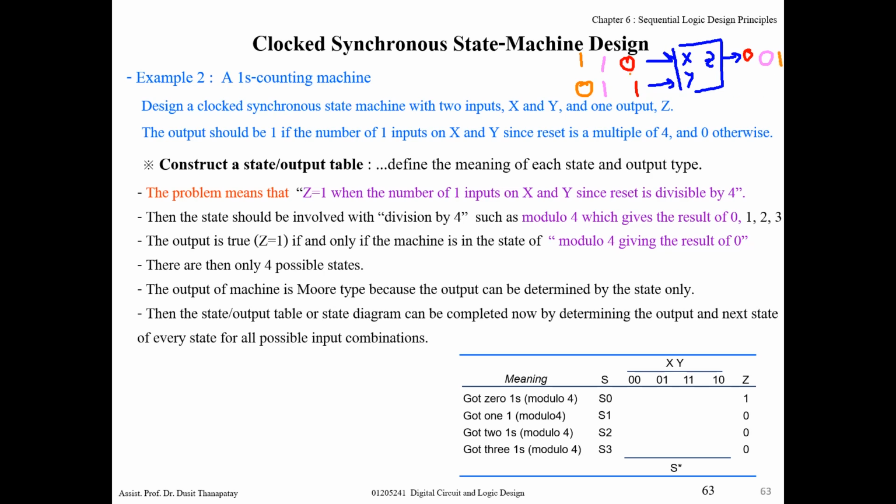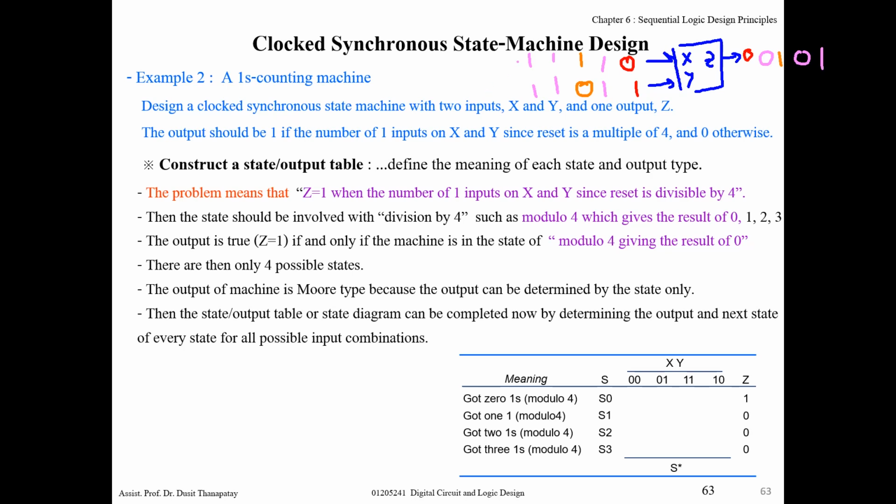If the next input is 1, 1, the total is 6, which is not a multiple of 4, so output Z is 0. If the next input is 1, 1 again, the total is 8, a multiple of 4, so output Z will be 1.